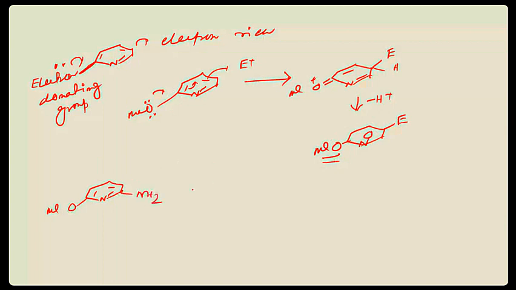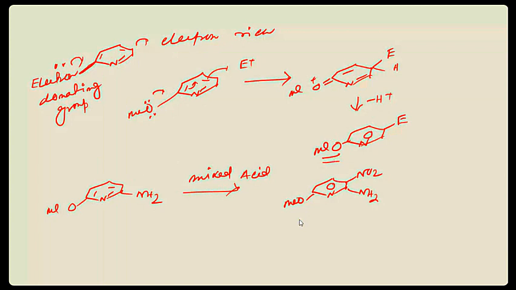NH2, then treat with mixed acid. We are going to get here MeO, this is NH2, and this is NO2. Because of this activating group, the nitration happened. Okay.